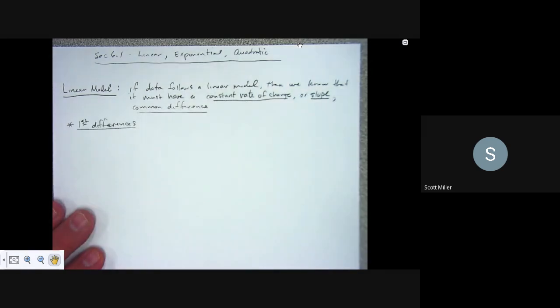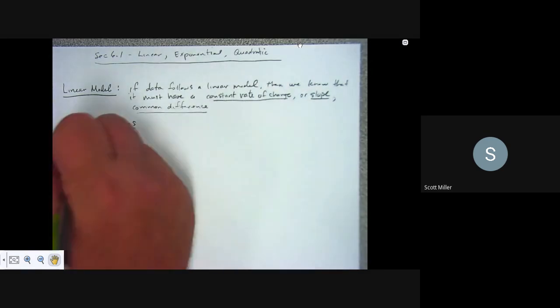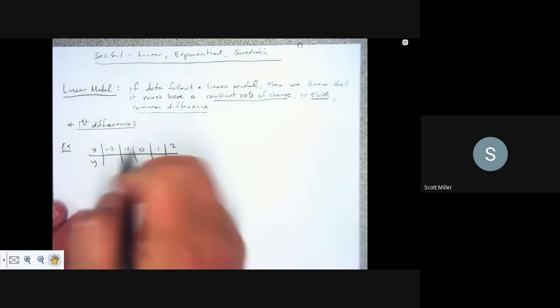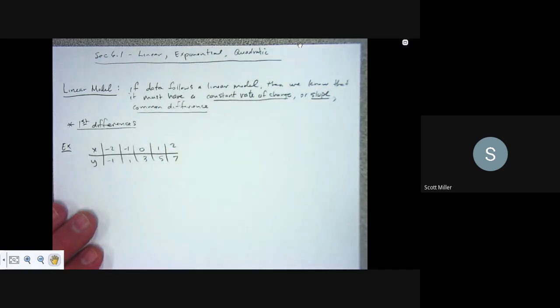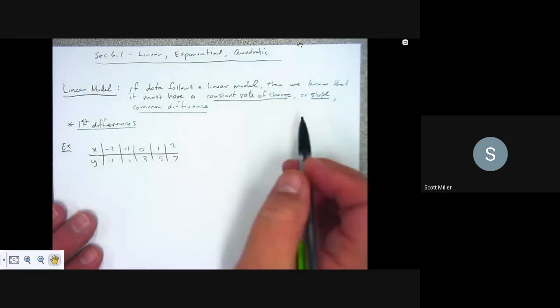That's another name they're going to use for the same number that we have found in the past. Okay, so let's look at a real quick example of one that I pulled out. Here's x and y, and there's -1, 0, 1, and 2, and I'm going to give you these numbers here, 1, 3, 5 and 7. So showing how all these things are the same number here.